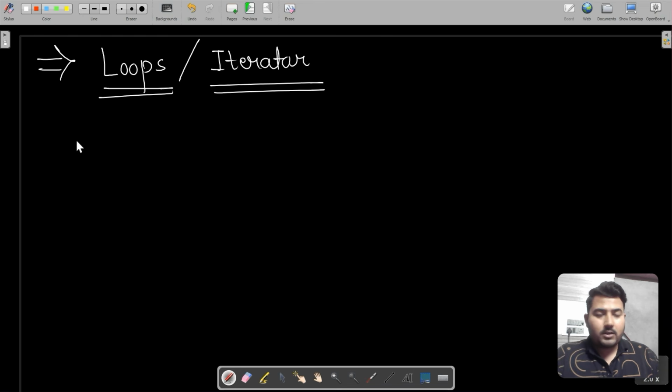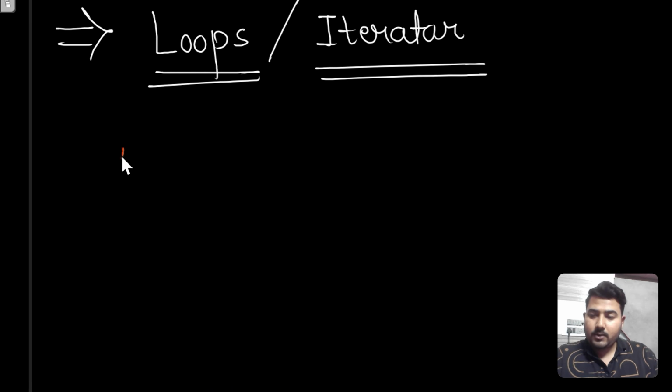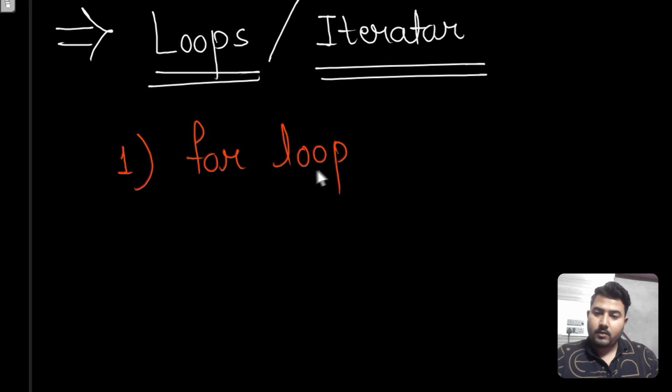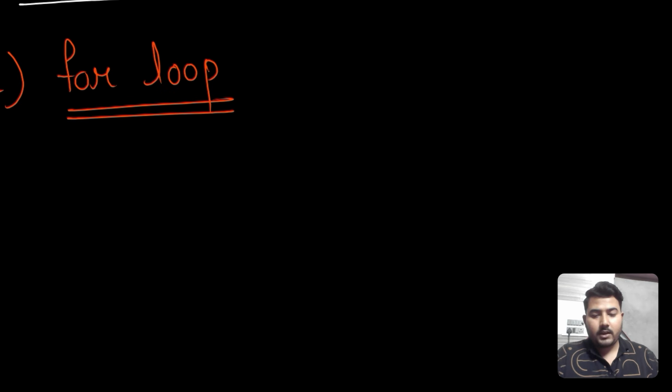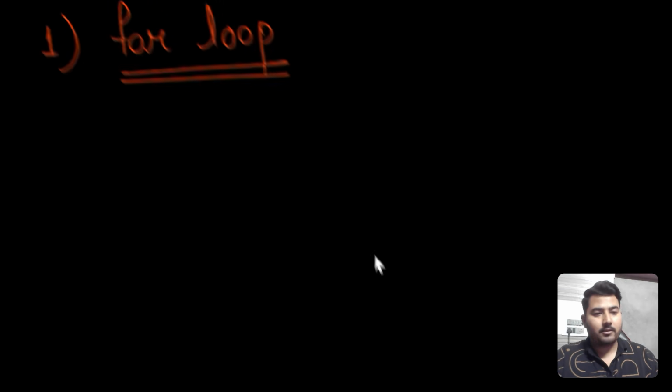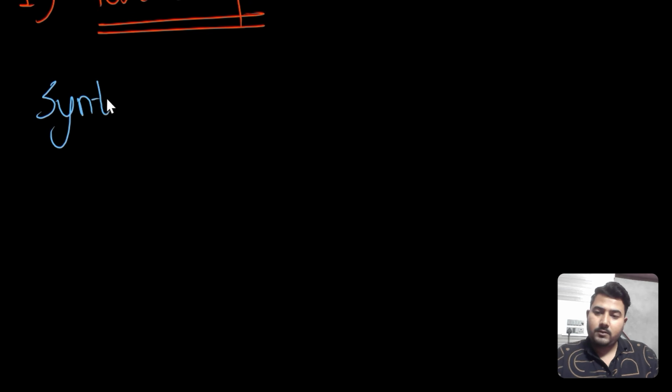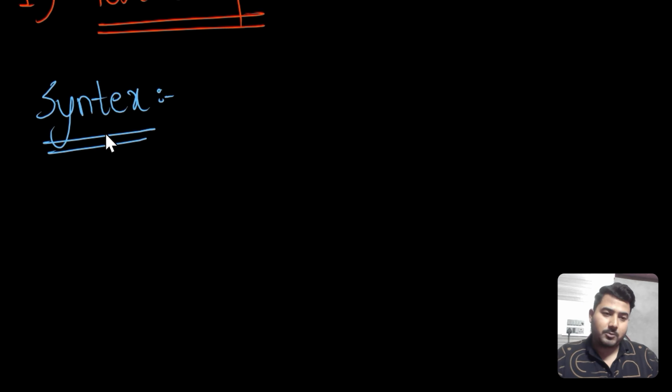So the loops which we are going to study right now are, first of all, the for loop, which is the most famous loop and the very first loop that anyone would ever learn. What we would do is, first of all, we will simply mention the syntax. That is the most important part here.